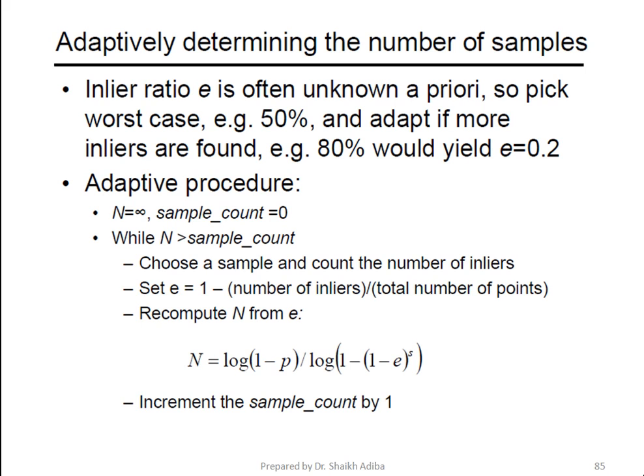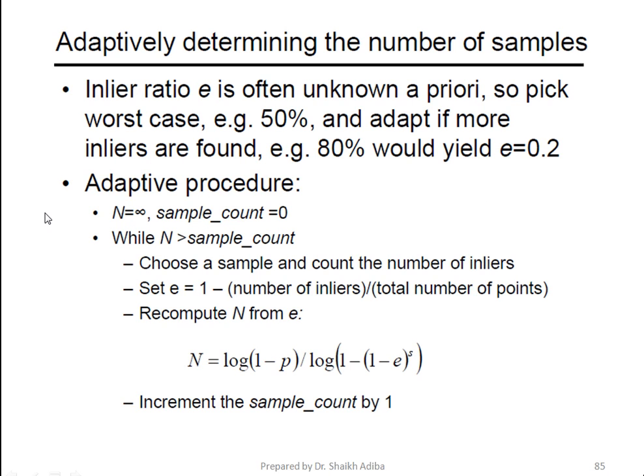So we begin with this assumption, and we keep computing more and more inliers, and if we find more inliers we accept it, adapt it, and then change the inlier ratio to 80%. This will yield the E value, that is the outlier ratio, as 0.2. That is, now the inlier ratio has increased to 80% and the outlier ratio is 20%.